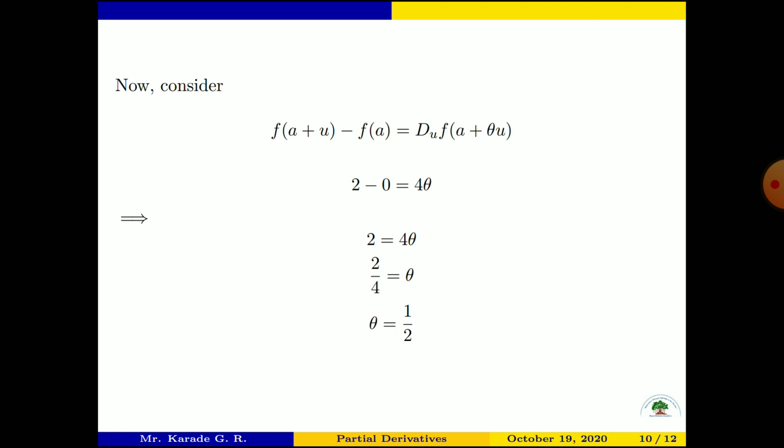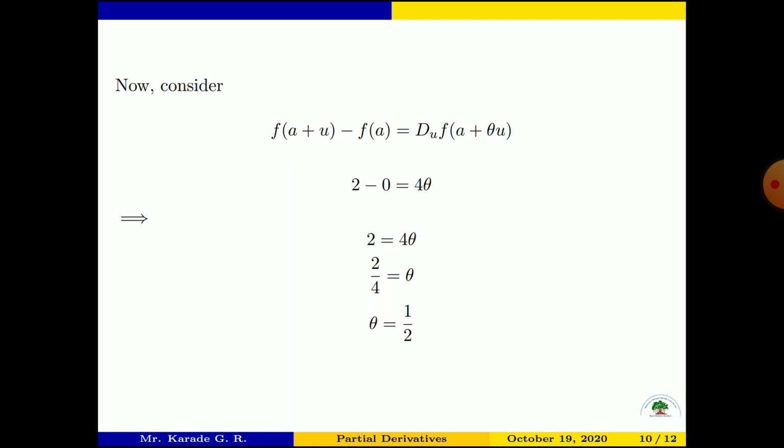Now consider f of a plus u minus f of a is equal to du f of a plus theta u. But f of a plus u, we already calculated, is equal to 2, and f of a is 0. We calculated above that the right side is equal to 4 theta.